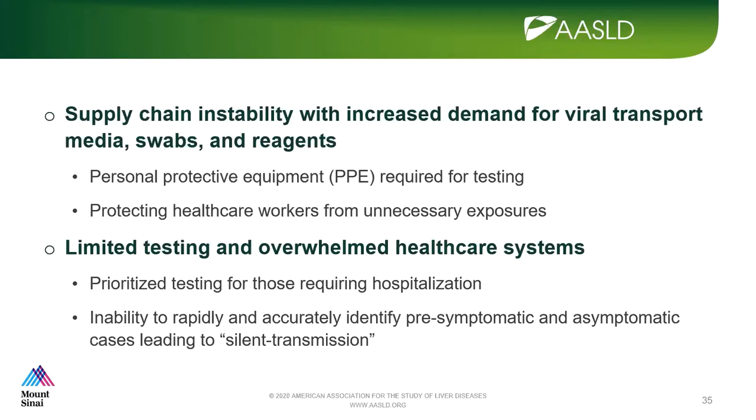Testing was initially prioritized, and in the states who are seeing surges now is prioritized, for those requiring hospitalization. And we all know now what we didn't know early on, that we have really had an inability to stem silent transmission. And it's unclear with any of these tests if they accurately identify those with presymptomatic or asymptomatic disease.